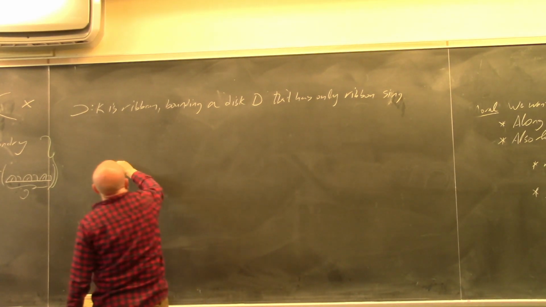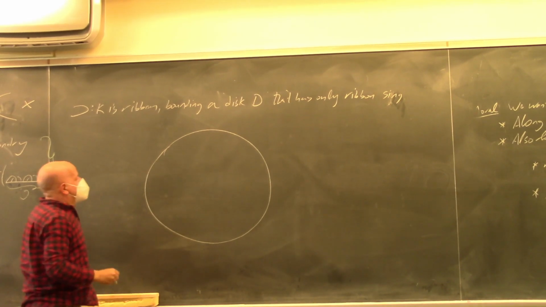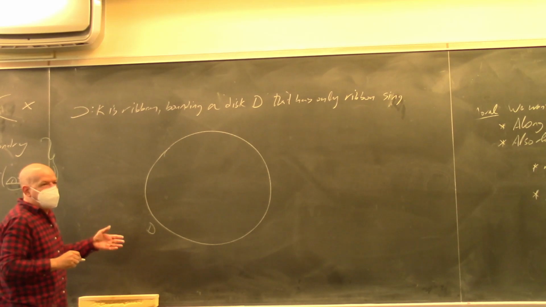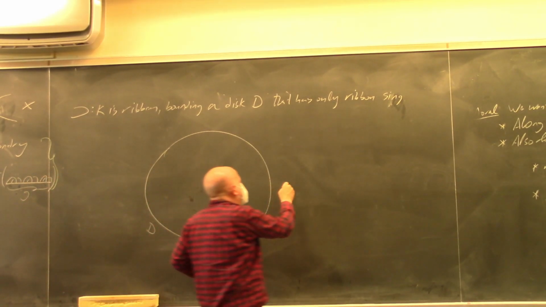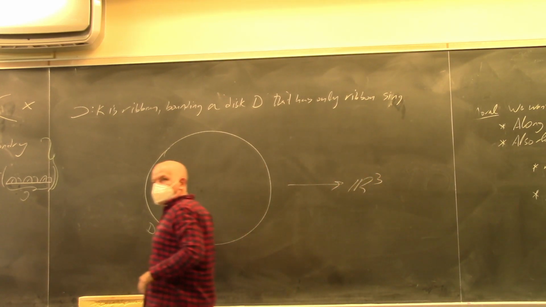So here is D, and I'm drawing it from the perspective of the parameter space. So this is D, this D then gets mapped into R3. But I'm drawing the domain.